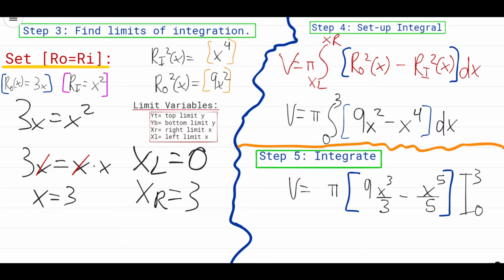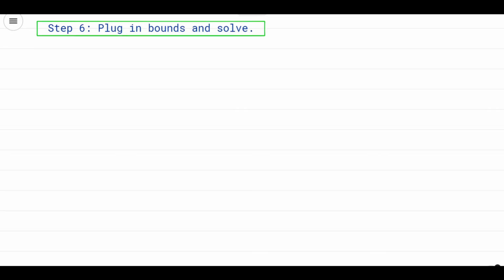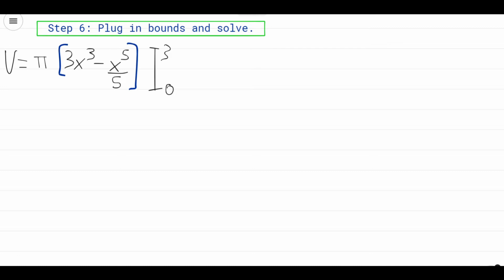So now we're going to plug in the bounds. That's what we're going to do for step 6 and solve this integral. So we know the volume is equal to pi times 3x cubed, because 9 over 3 is 3, minus x to the 5th over 5, bounded from 0 to 3.